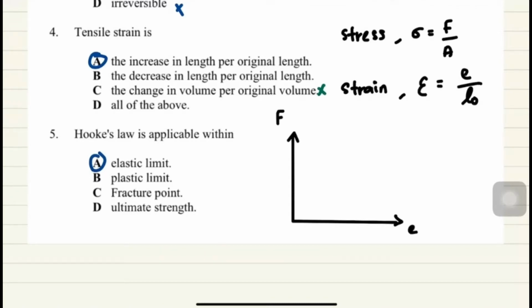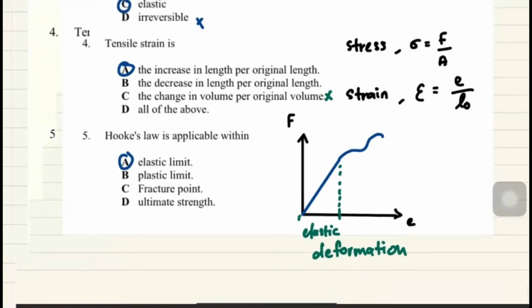It has a straight line, then a curve. So Hooke's law is applicable within this period, this part. This is the elastic region. Okay, that's good.